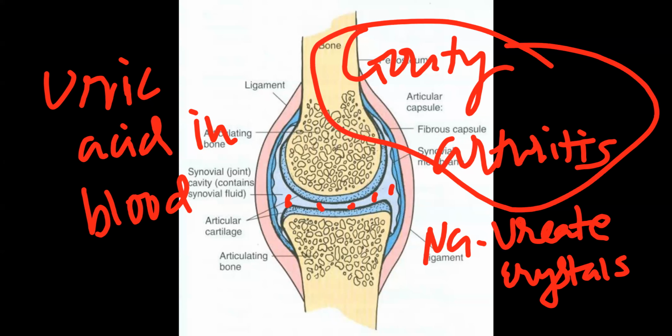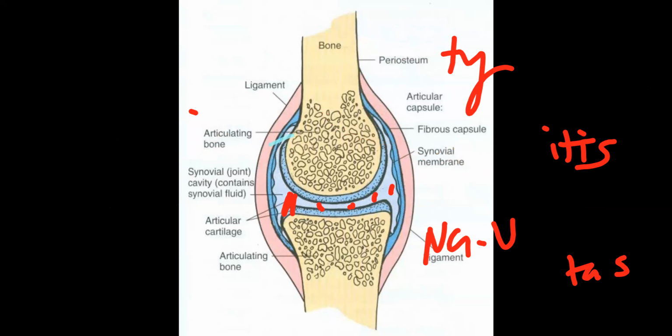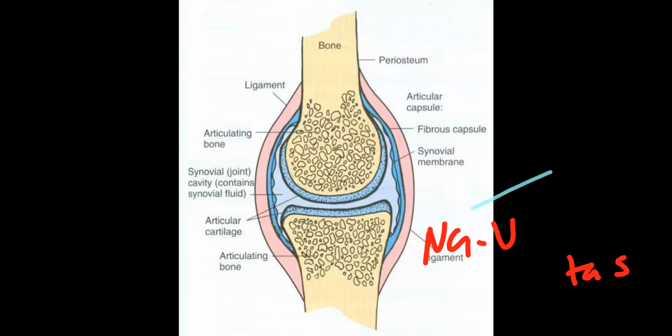Whenever we show movement, these crystals will penetrate this membrane, pierce it and rupture the synovial membrane. That is gouty arthritis. In any of these arthritis, the joints are inflamed, your joint is becoming damaged and movement is painful, and finally it may turn to an immobile condition.